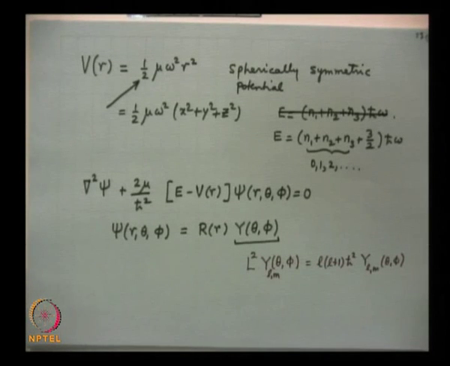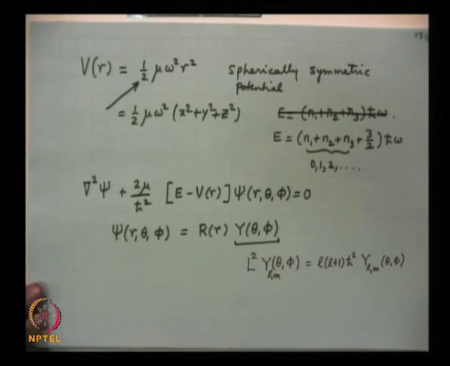If I substitute this in this equation, then you will get the radial part of the Schrodinger equation.